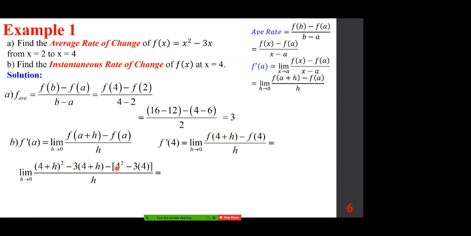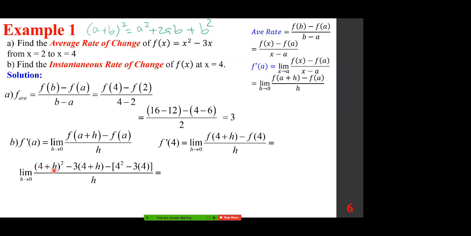I hope everybody remembers the basics from algebra. So for example, when we have a plus b squared is a squared plus 2ab plus b squared. Okay. So this means what? 4 squared or 16, 2 times 4 times h or 8h plus h squared.